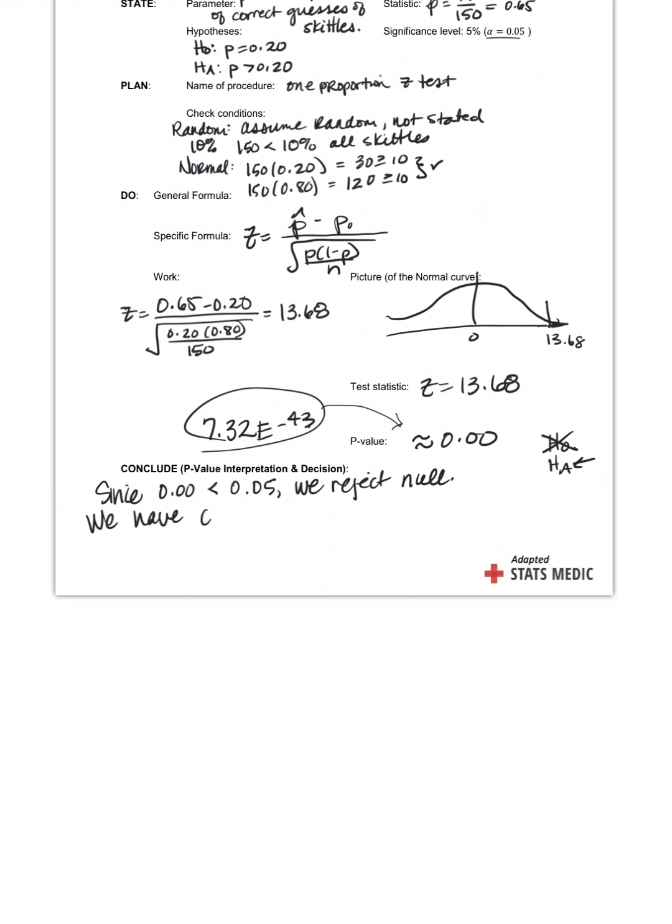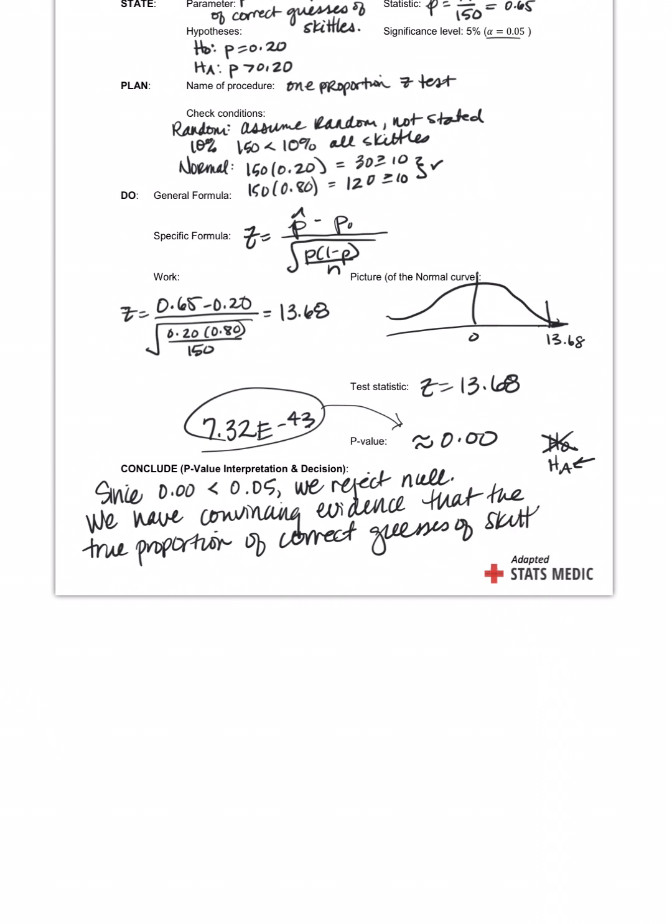We have convincing evidence that the true proportion of correct guesses of Skittles is greater than 0.2. Is that okay?